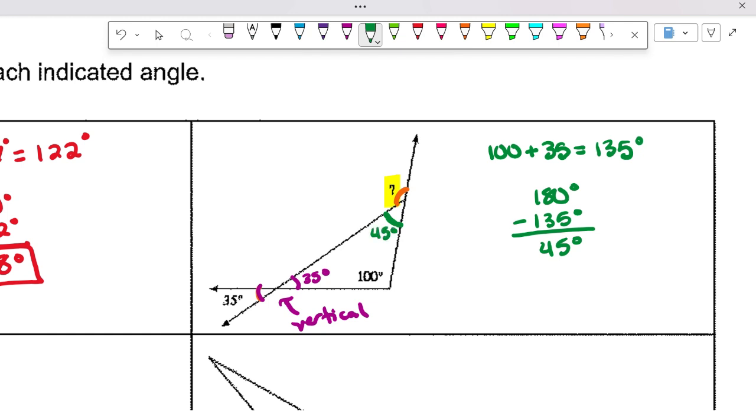Now I can then use that last one to figure out the orange angle. So what's the relationship between the green angle and the orange angle? If it helps, maybe turn your paper. What does it look like?